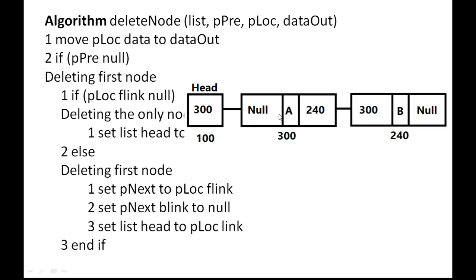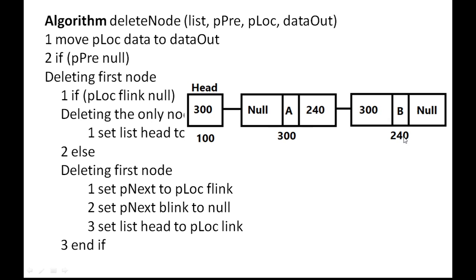Once again, that is because we want to modify the backward pointer of the second node. So for that, we need another pointer. So p next is like a declaration, and it is assigned to p location forward link, which means 240.